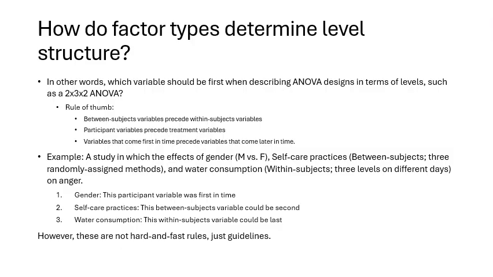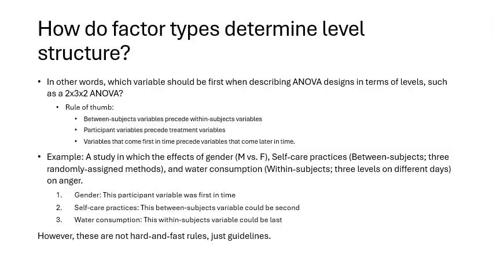So if you have a study in which the effects of gender, self-care practices, and water consumption, and let's imagine that self-care practices is between subjects. There are 3 methods randomly assigned to individuals, but water consumption is within subjects. They have 3 levels on different days, and maybe anger is what's being measured.